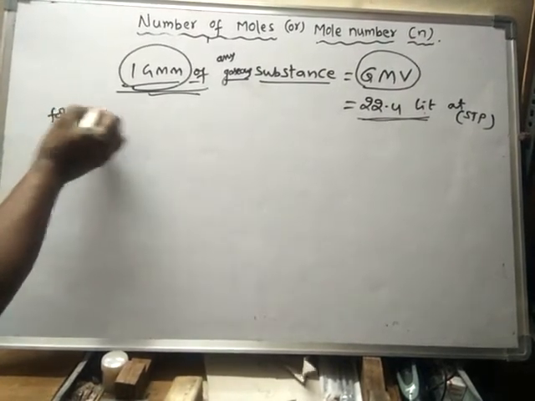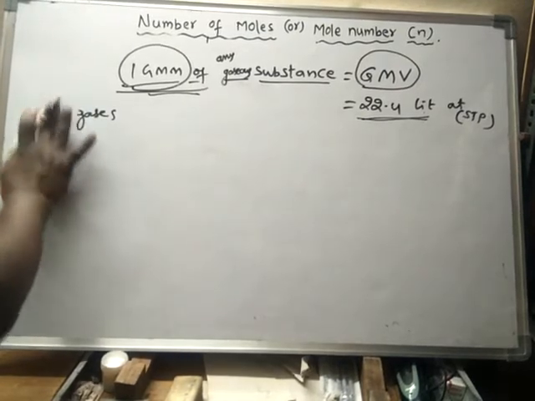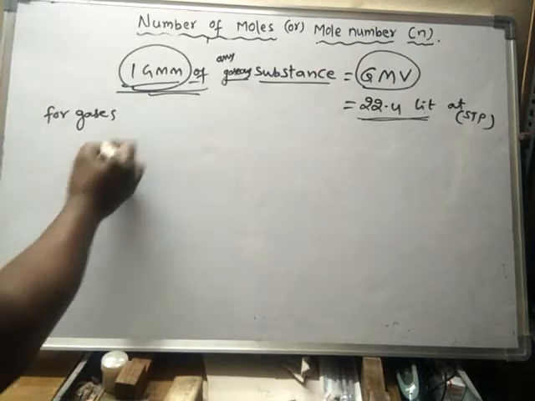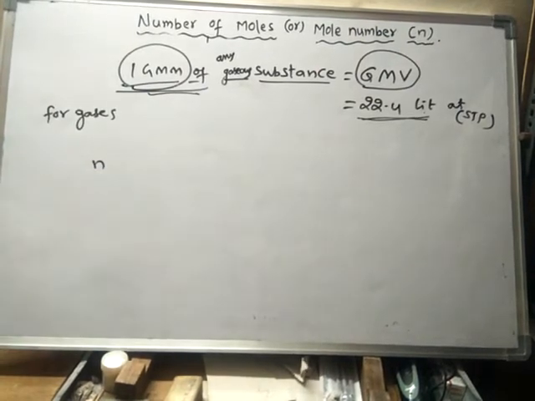For gases, number of moles. Generally, number of moles is denoted with small n.